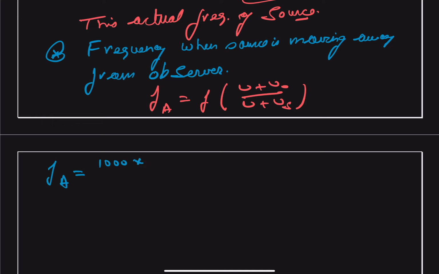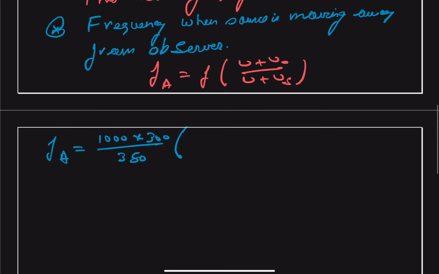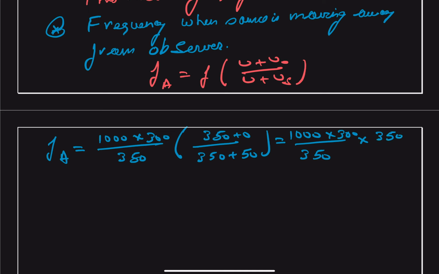And v is our 350, v naught is our 0, and this becomes 350 plus 50. We can write this as 1000 multiplied by 300 over 350, multiplied by 350 divided by 400.